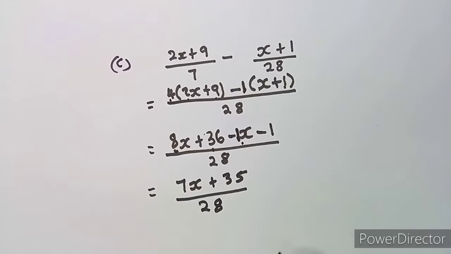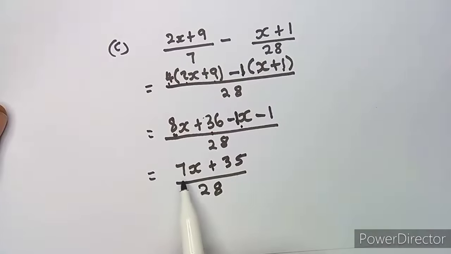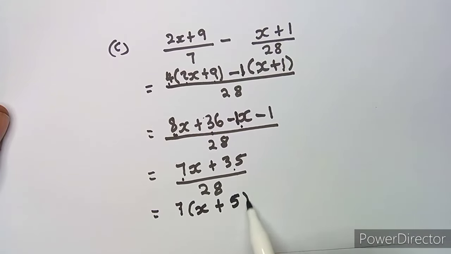All right, so at this stage, make sure that you cross-check the numerator to see if there is anything common there, so that you can factorize. Cross-checking 7 and 35, we can see that 7 is the highest common factor. So I can factor out 7: 7x divided by 7 is x, 35 divided by 7 is 5, everything over 28.